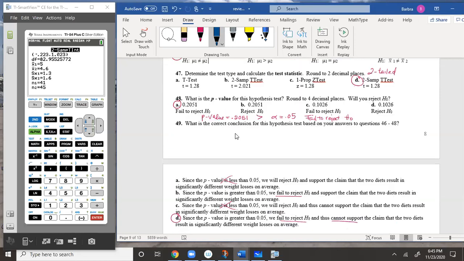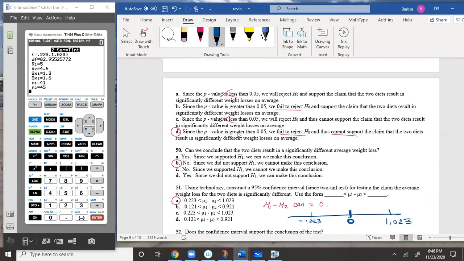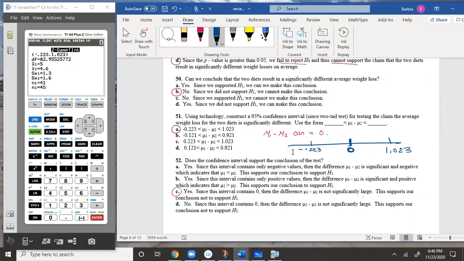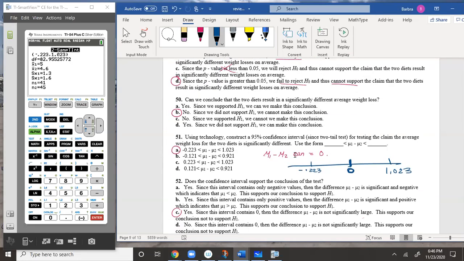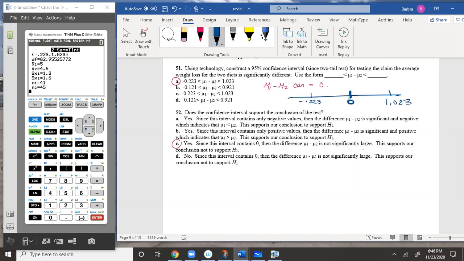All right, let's go back up to our claim. The claim was that the two means are different. Because the difference is not significantly large, this supports the conclusion not to support H1. We are not supporting the claim.